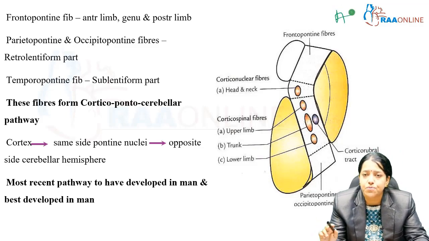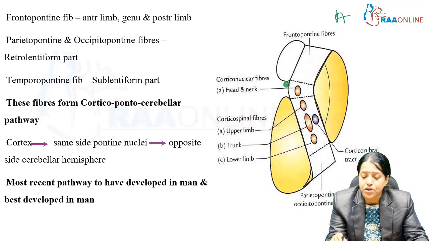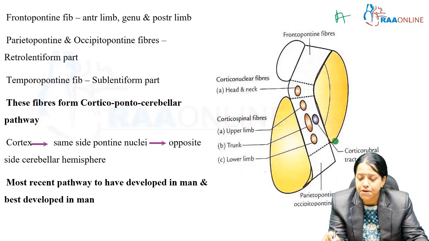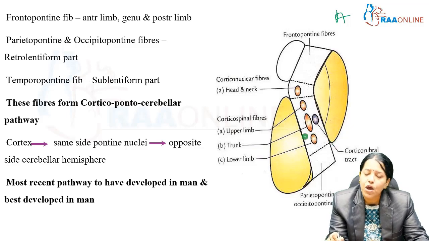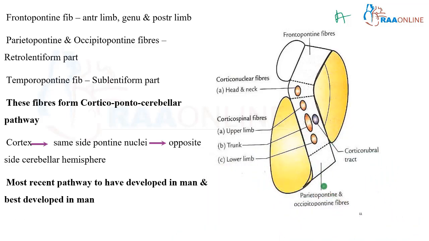Remember that frontopontine is anterior, so it passes through the anterior limb, the genu, and also some part of the posterior limb. The parietopontine and occipitopontine fibers pass through the posterior limb also, and the occipitopontine passes more through the retrolentiform part, because the occipital lobe is posterior.